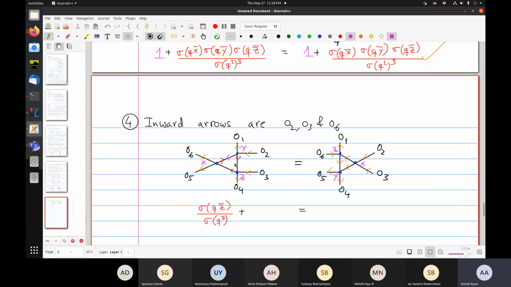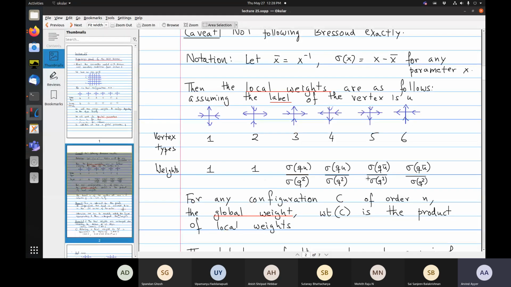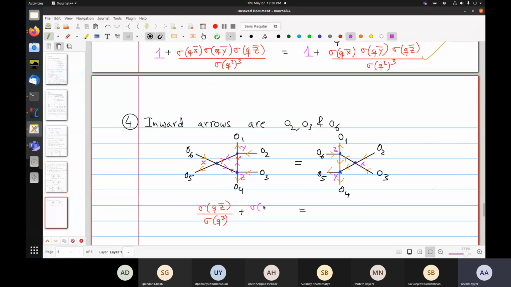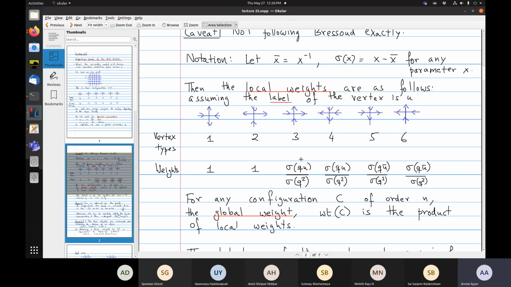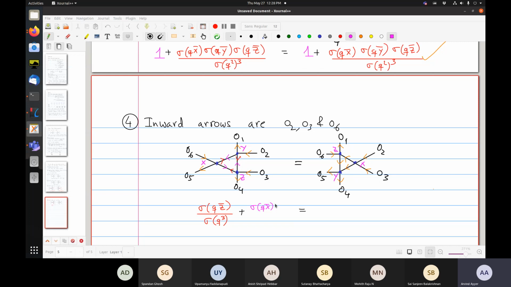The other fellow, which I get by reversing all arrows. Now let's see what happens. Now x is down and right, so down and right is sigma qx bar. And y is up and left, again in the right position, sigma q y bar, divided by sigma of q squared whole square.